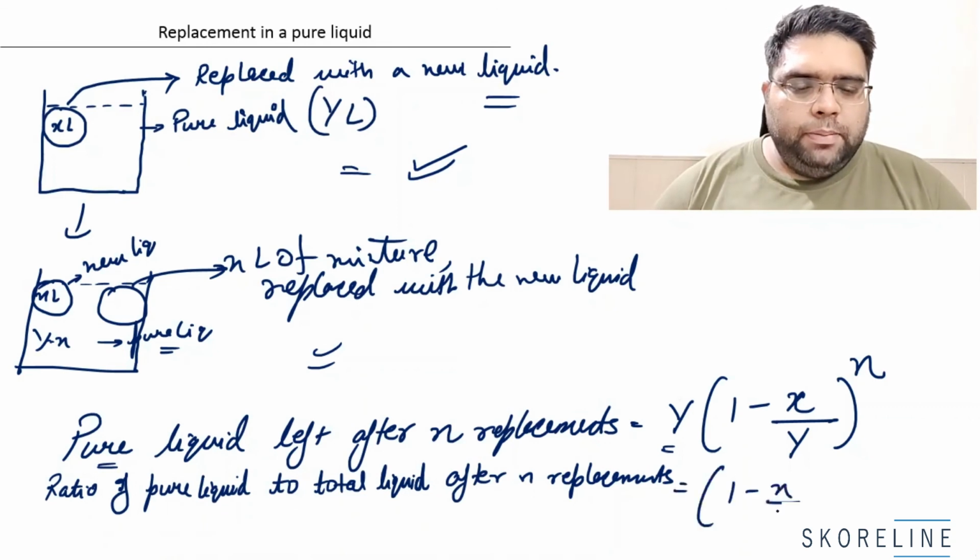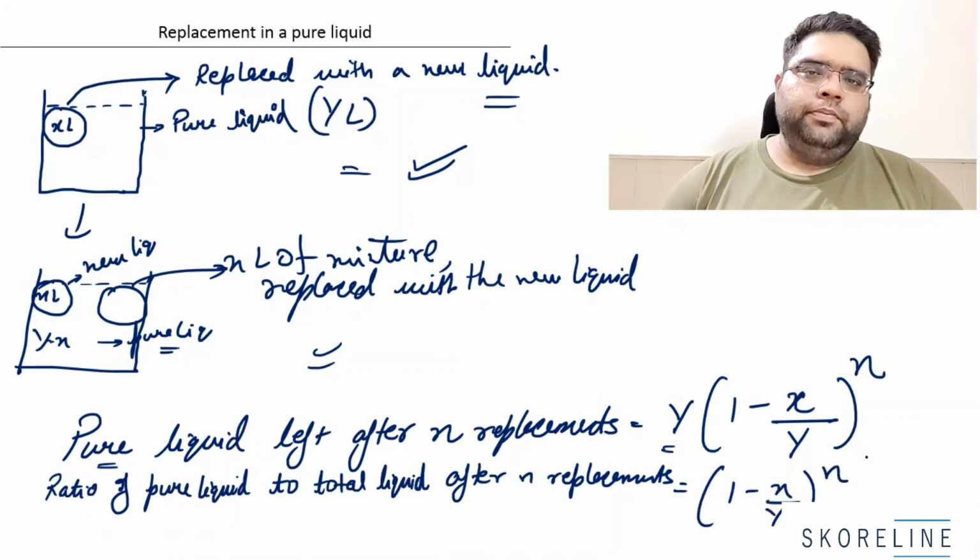This will become (1 minus x by y) to the power n. Simple.